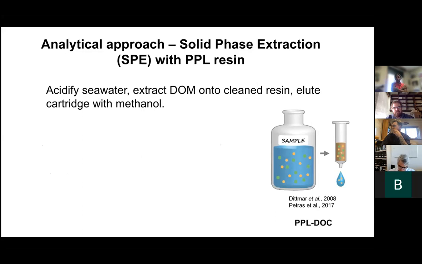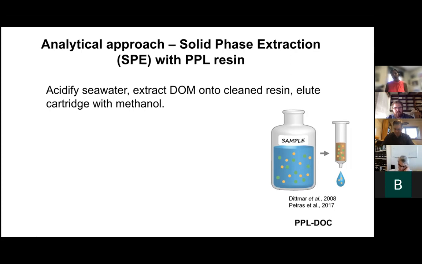One of the things that needs to be established first is that for any of the work I'm going to discuss here, the structural characterization work or the radiocarbon work, I typically start off by extracting DOC out of seawater. That's because the salt is a problem for many of the analytical techniques I use, and also, if we're looking at the complexity of the reservoir, sometimes it helps to simplify it a little to begin with.